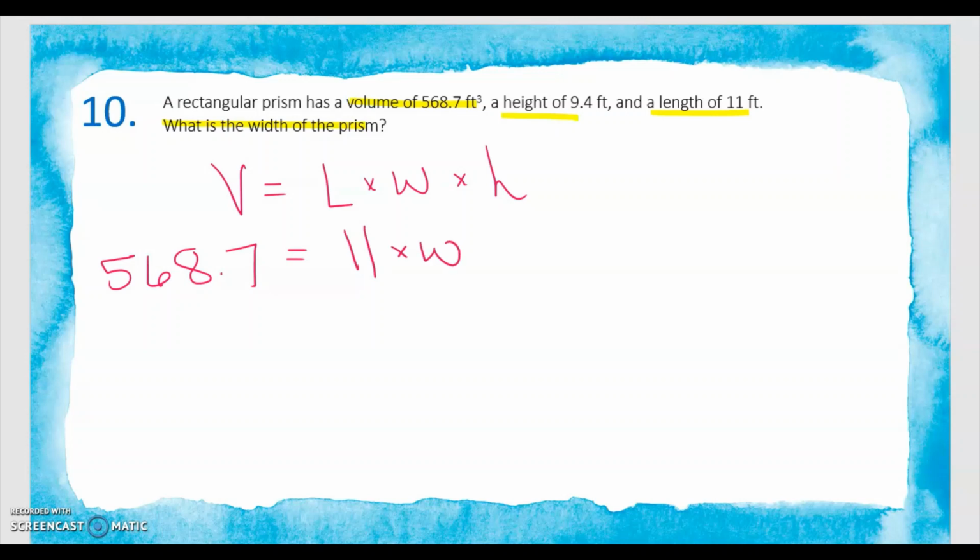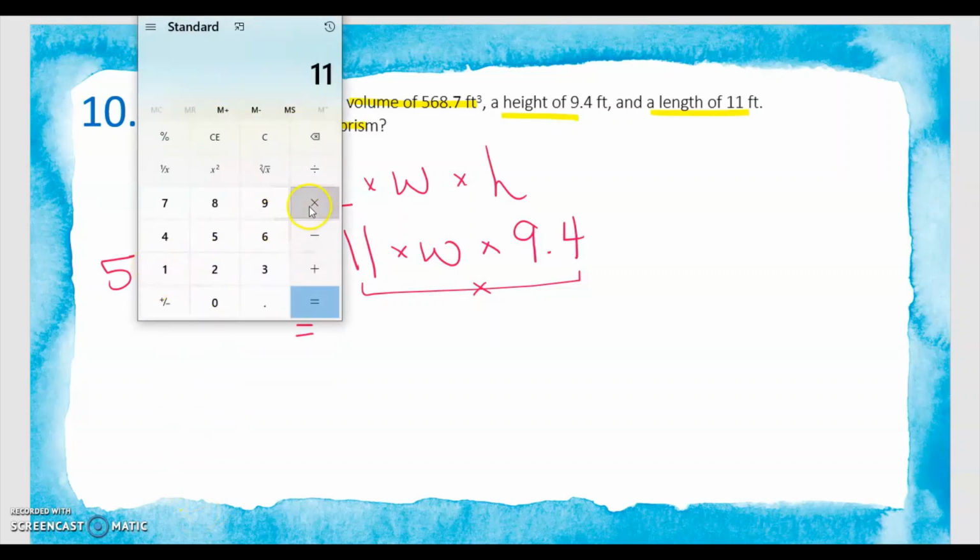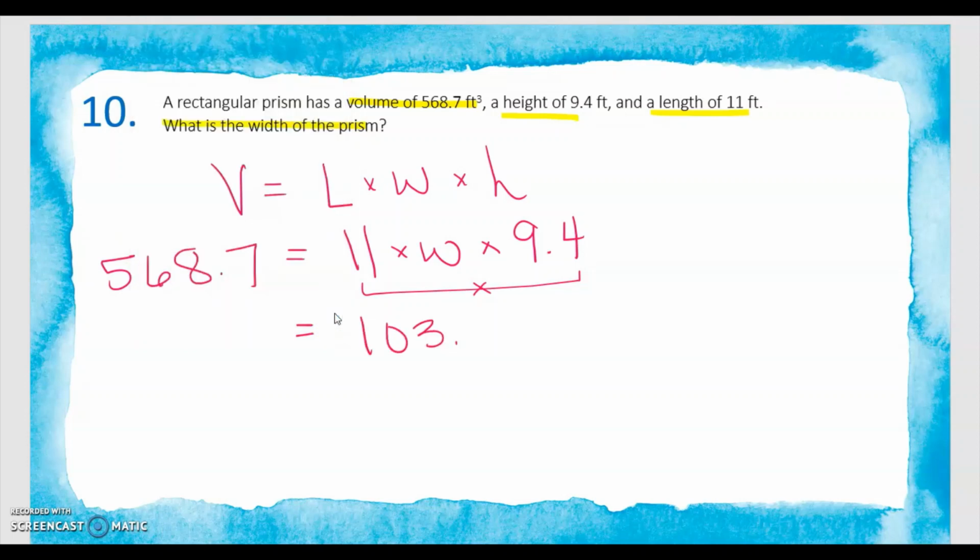I don't know the width, but I do know the height is 9.4. So I'm going to simplify by taking 11 and 9.4 and multiplying them together. And that is 103.4. And that equals, multiplied by the width, this.